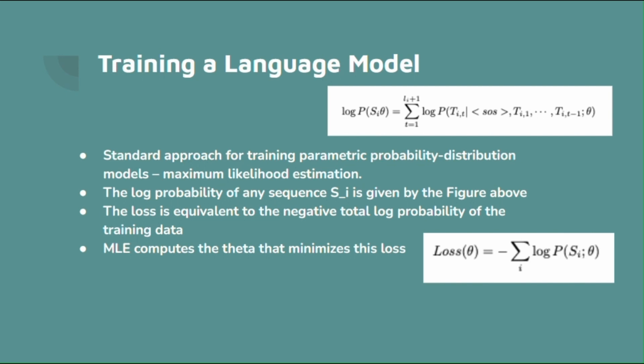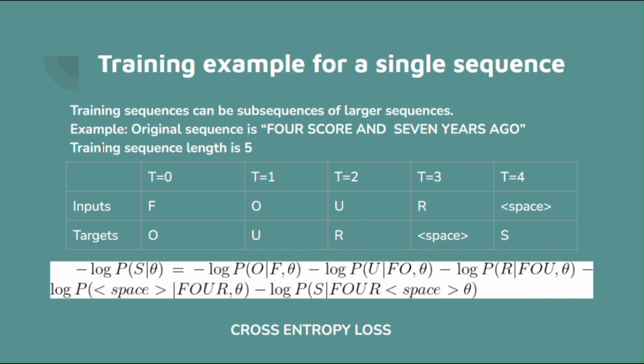In loss terms, you want to minimize the sum of the negative log probabilities of the sequences. That is what the loss definition is on this slide. And as discussed earlier, the log probability of one sequence is the sum of the log probabilities at individual time steps. Now, how you will actually be implementing this, let's understand with the help of an example.